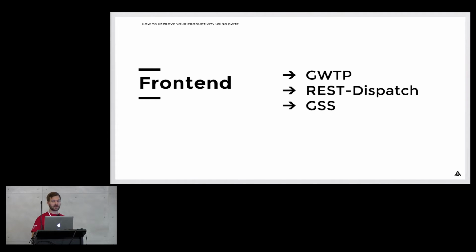So RPC dispatch was one of the first products, GWTP dispatch, that we built. It was a fork, five years ago, of another product that we were using really strongly, but that product just went down in the sense that the contributor that had created it didn't contribute to it anymore, so the community just died.